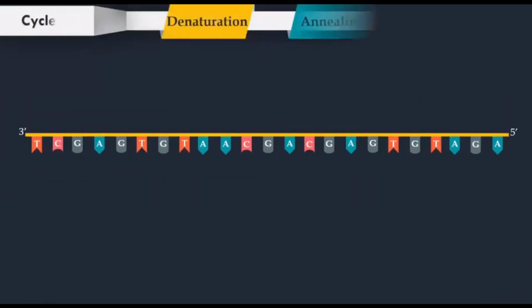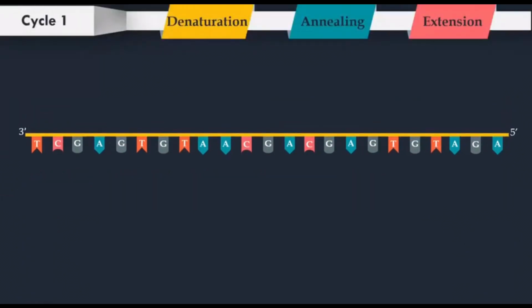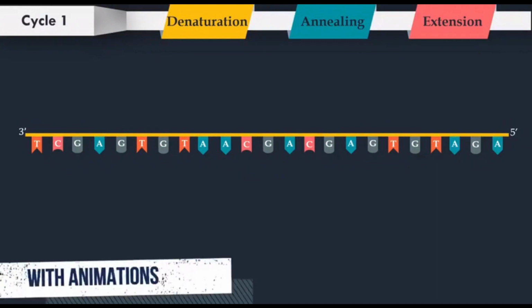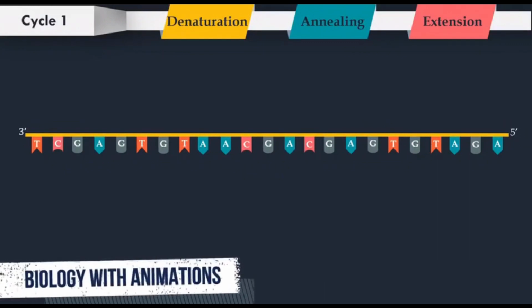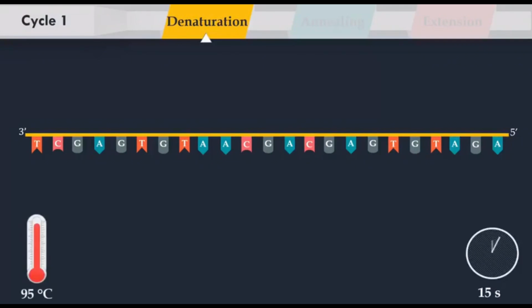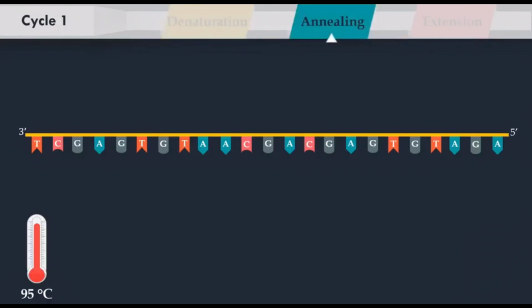PCR consists of a series of thermal cycles, with each cycle consisting of denaturation, annealing, and extension steps. The denaturation step consists of heating the reaction chamber to 95 degrees Celsius, and it is used for denaturation of the double-stranded DNA template. In the next step, the reaction temperature is lowered to 58 degrees Celsius, allowing annealing of the forward primer to its complementary part of the single-stranded DNA template.